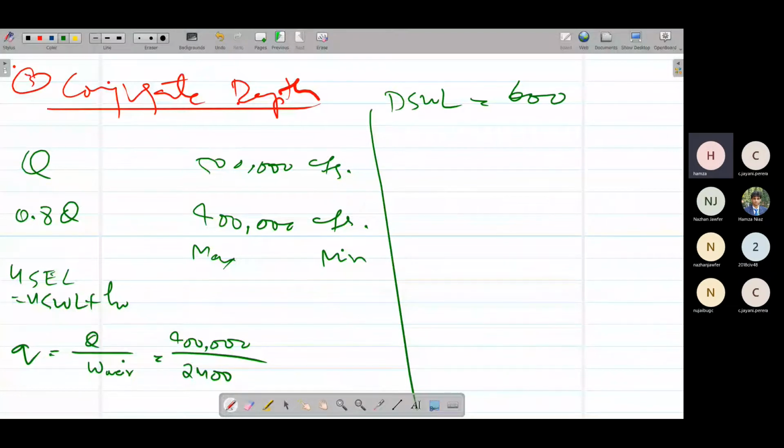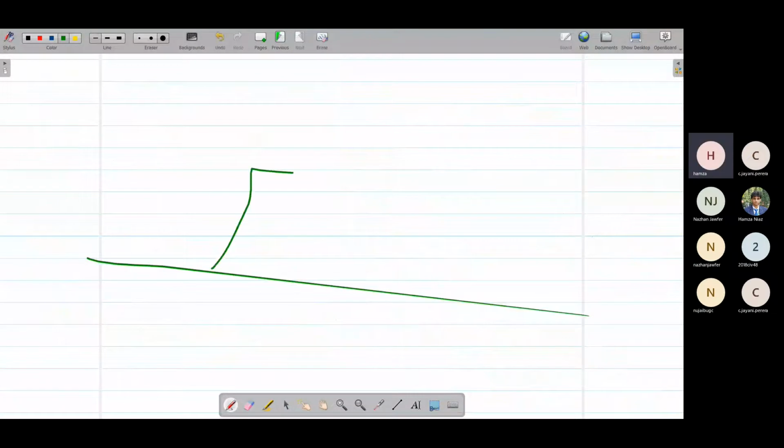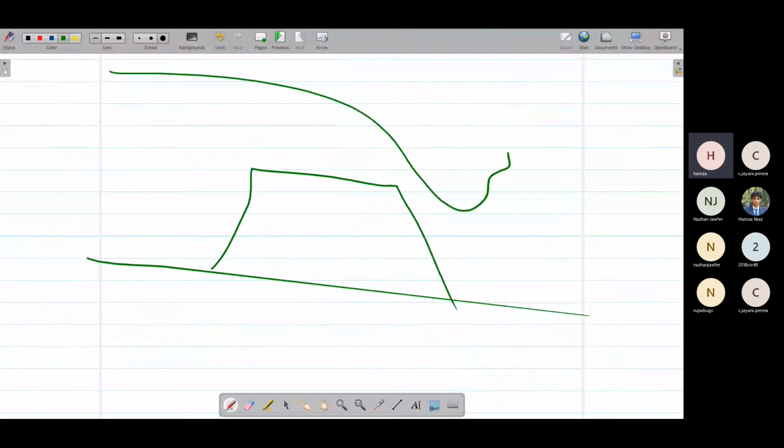After getting this downstream water level, depth of pool would be the same as before. That is downstream water level minus downstream floor level. This is our water level, so this is the downstream water level.